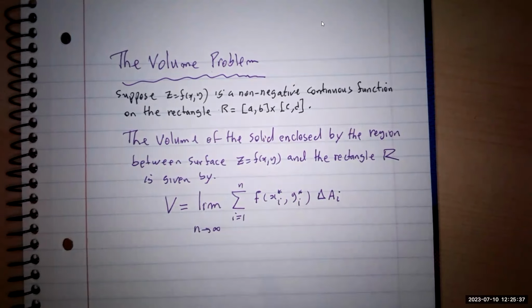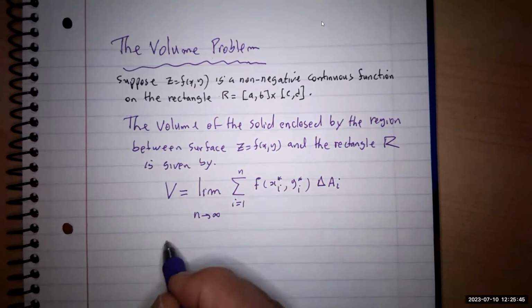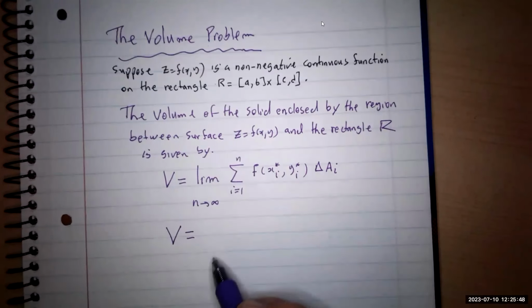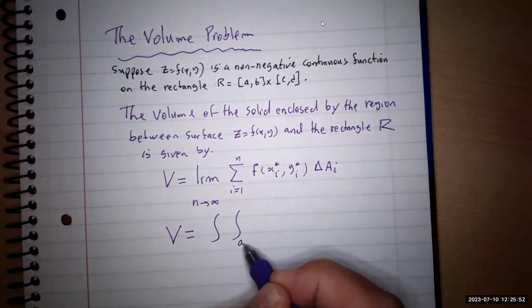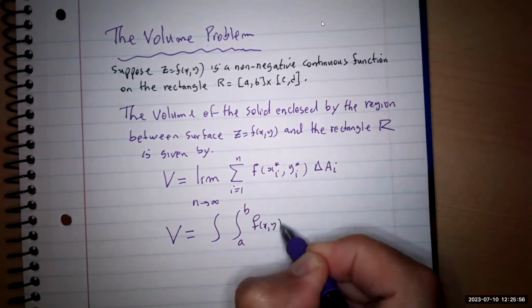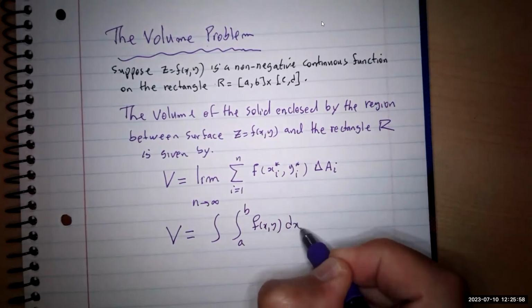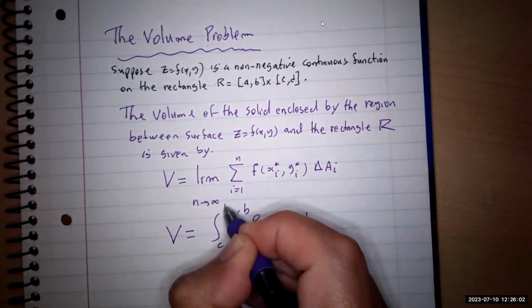Now, if you just take the limit, when these partitions get finer and finer, this would be denoted by a double integral. So it's going to be the double integral from a to b, f of x comma y dx dy, and this is from c to d.